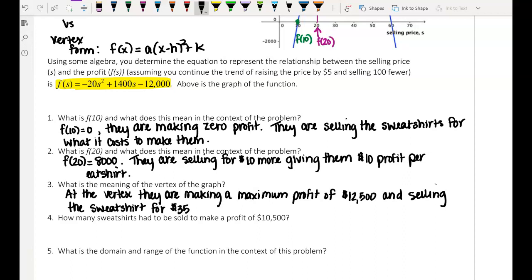So if I sell the sweatshirts for anything over $35, I'm not going to make as much money. 35, that's the maximum amount of money that I can make based on this function.